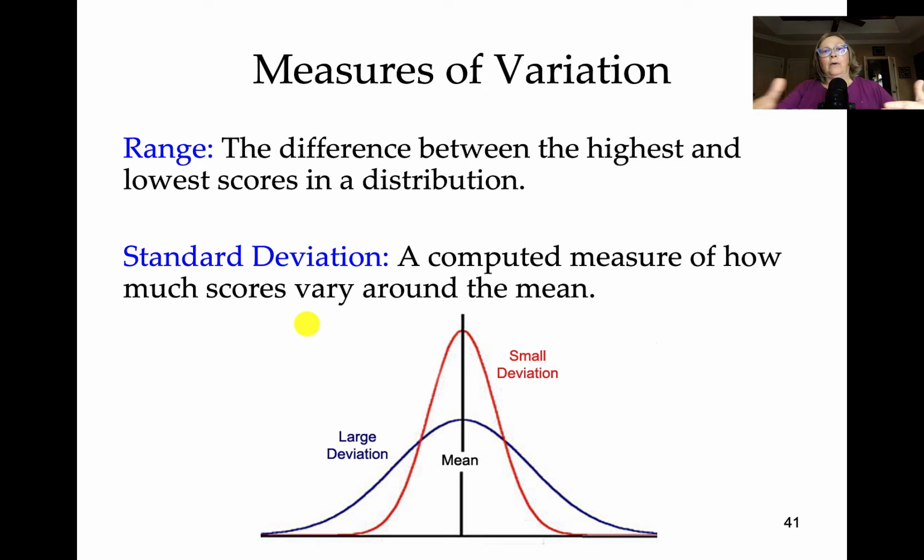So you add up all those deviations for every single data point from the mean, and then you divide by the number of data points. And then technically you take the square root, but since you're not going to be calculating standard deviations directly, it doesn't really matter. But the important thing is when you end up with a small standard deviation, it means your data is really clustered in the middle. And when you have a large deviation, it means your data is really spread out around the mean.